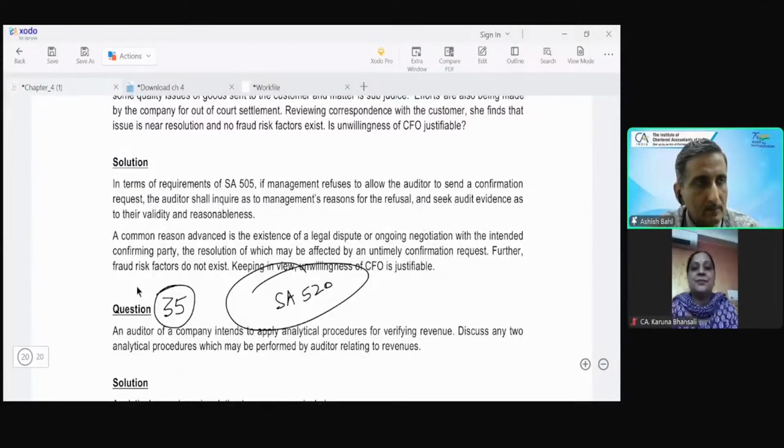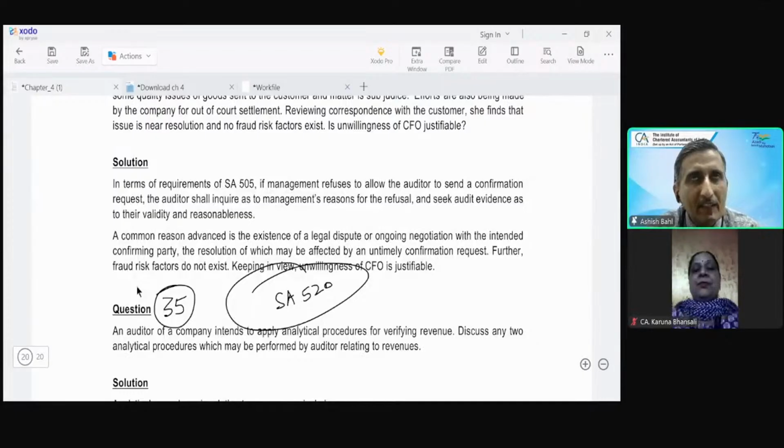Students, you can unmute yourself or answer, or you can raise your hand, else you can write in the chat also. So you have understood the question.